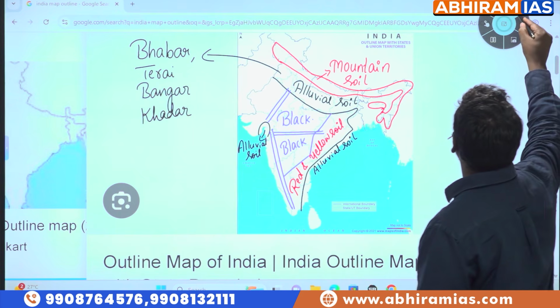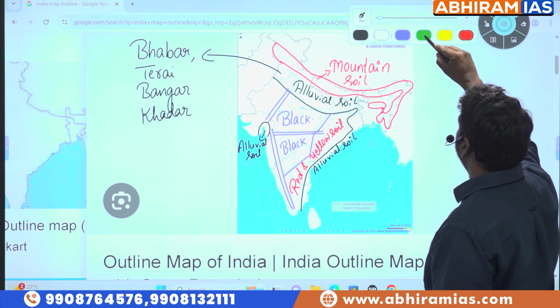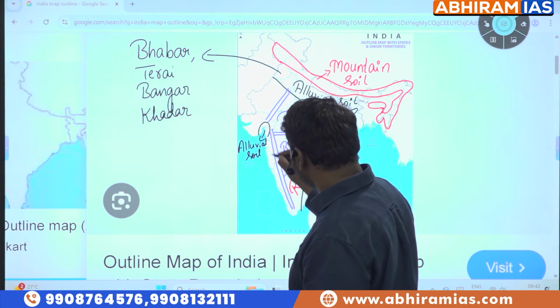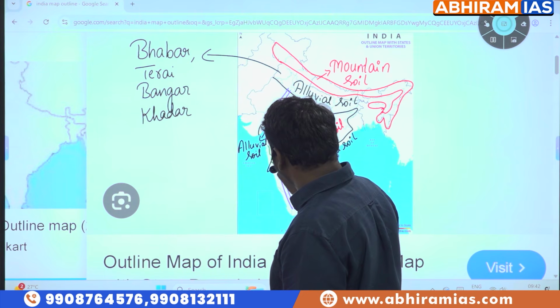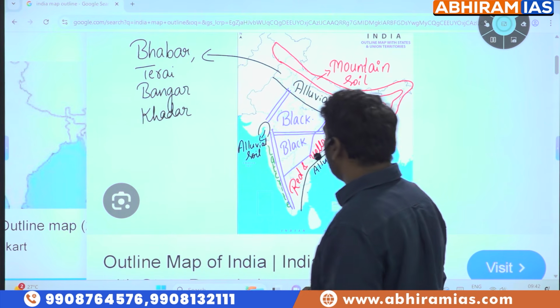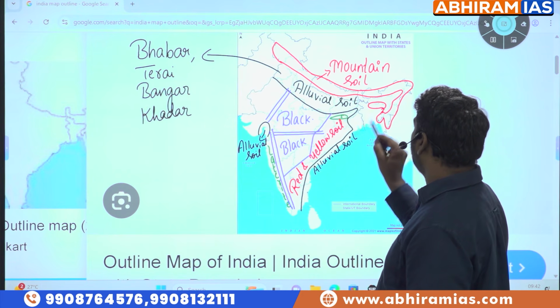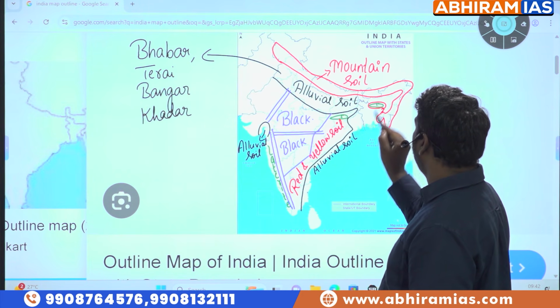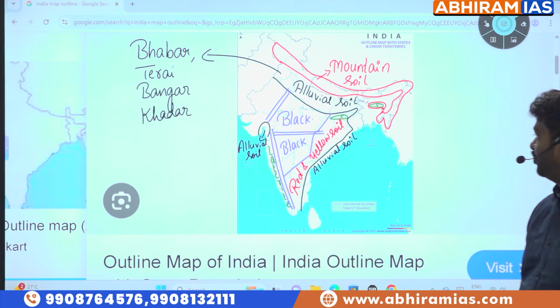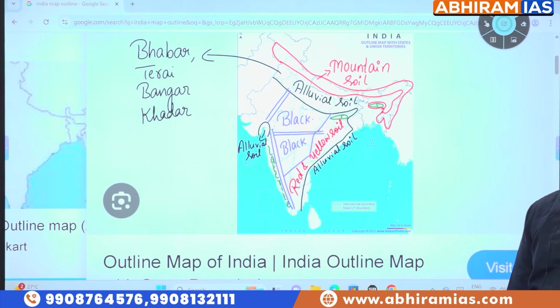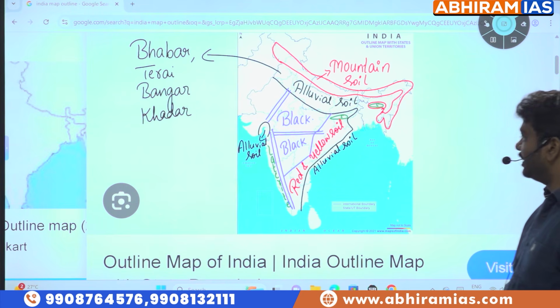Now, yes, the west coast of India. What will you have? Laterite soil. Chota Nagpur Plateau, Meghalaya Plateau. You will have laterite soil. Three parts of India have laterite soil. Which are the three parts?